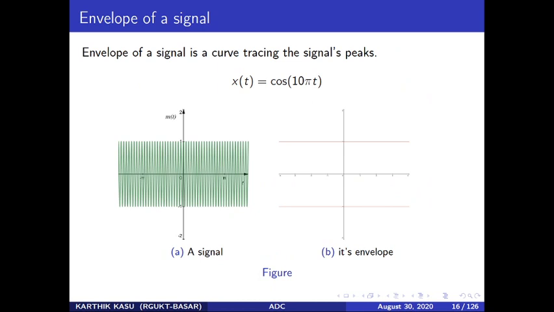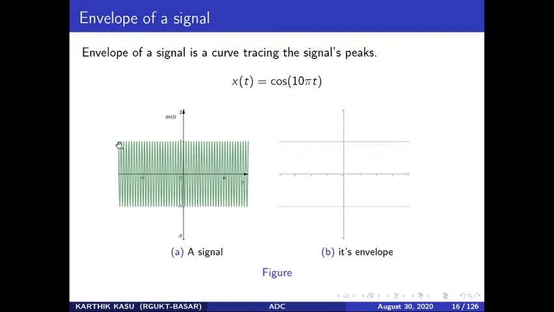Before that, let us discuss something called the envelope of a signal. What do you mean by the envelope of a signal? It is a curve tracing the peaks of the signal, any signal, or a curve joining the peaks of the signal. We take this example: I have taken a random signal x(t) equal to cos 10 pi t.